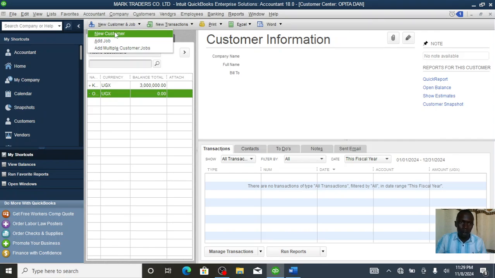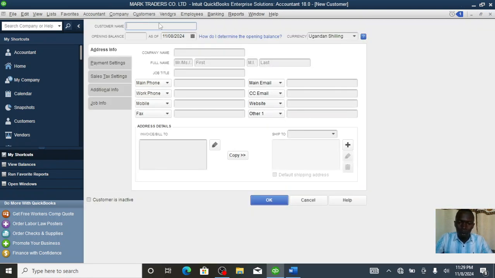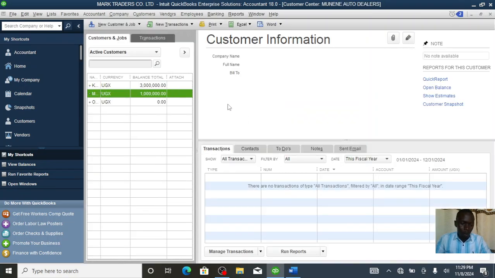Munene Auto Dealers. The opening balance is 1 million. Then the date is 1st January 2023. Okay, we go to the next.